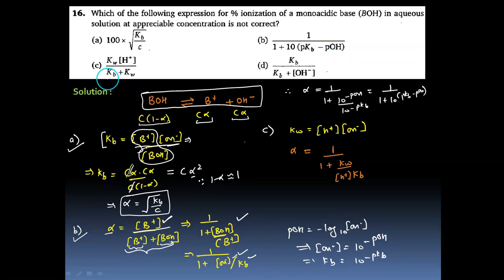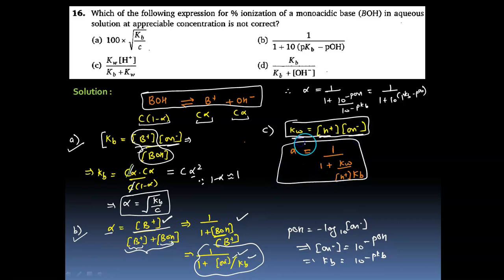Then the C, here what we do, we know the ionic product of water is the concentration of H+ into OH-. So in the previous expression, I replace OH- with Kw upon H+. So I get this expression, and if I rearrange, I will get something like this.